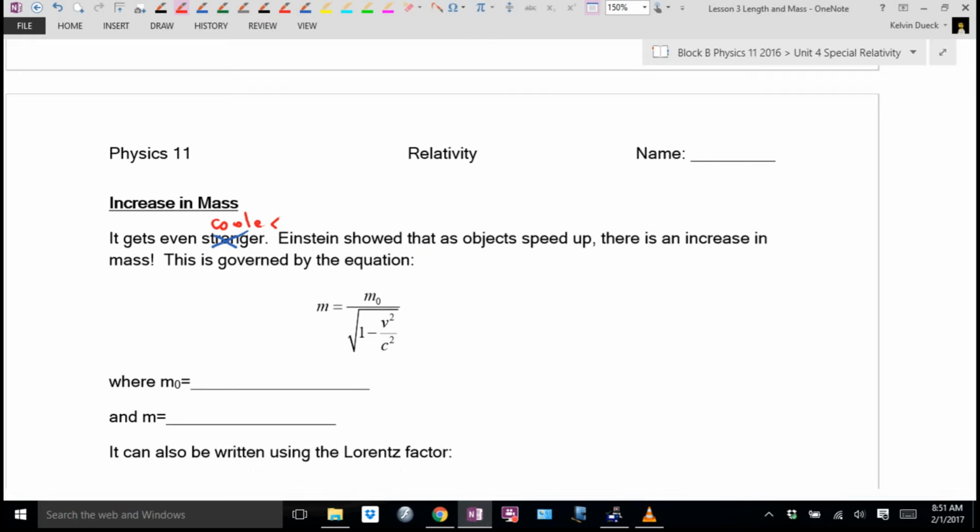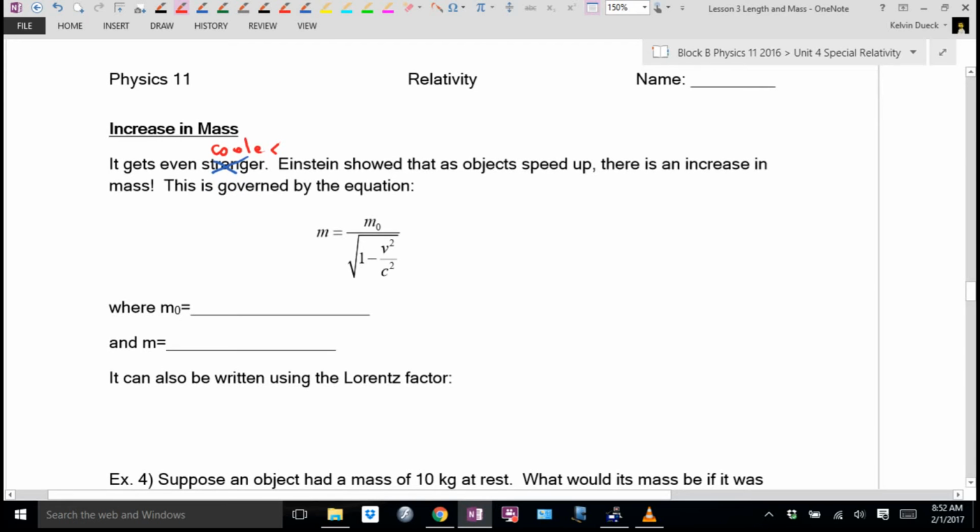Einstein, and I'm not going to do a proof here, Kiana, but Einstein showed that as objects speed up, there is an increase in mass. And it's governed by this equation, m equals m0 over, we can write that Lorentz factor little shortcut trick if we want to, or it's the square root of 1 minus v squared over c squared.